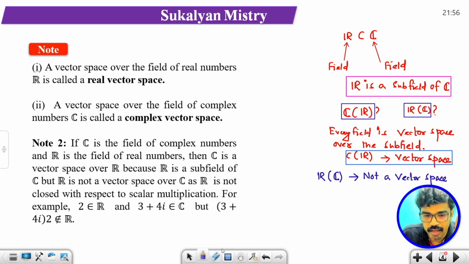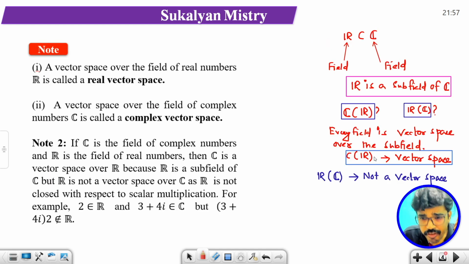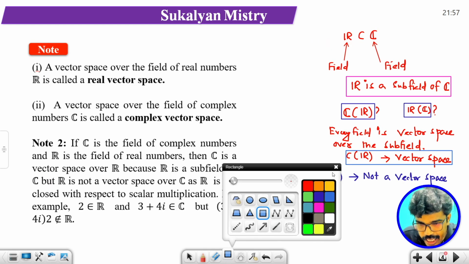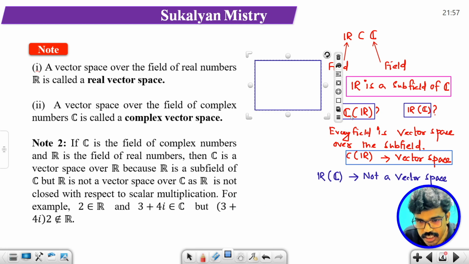দেখো আমাদের কন্ডিশন গুলো কি, vector space হওয়ার জন্য আমাকে এই 10 property satisfy করতে হবে. Just see this property: a·alpha belongs to V, for all a belongs to F and alpha belongs to V. ঠিক এখানে দেখো ফিল্ডটা হচ্ছে রিয়েল নাম্বার। For this option, R is a field, right?